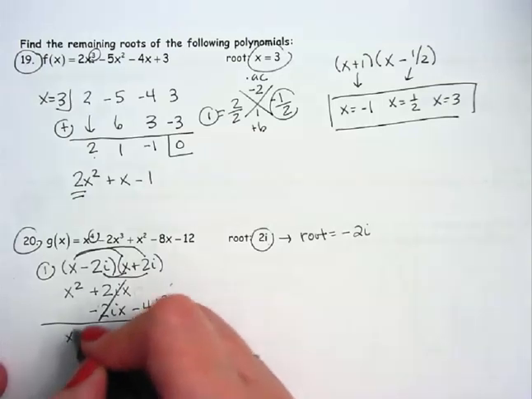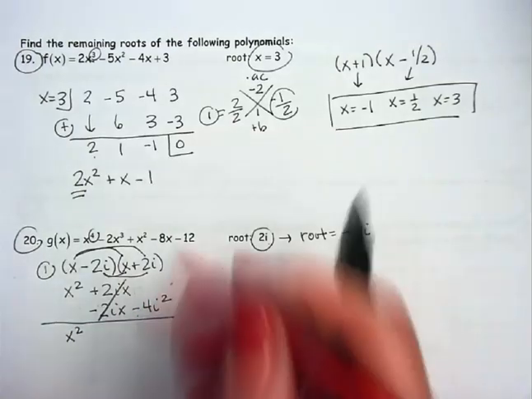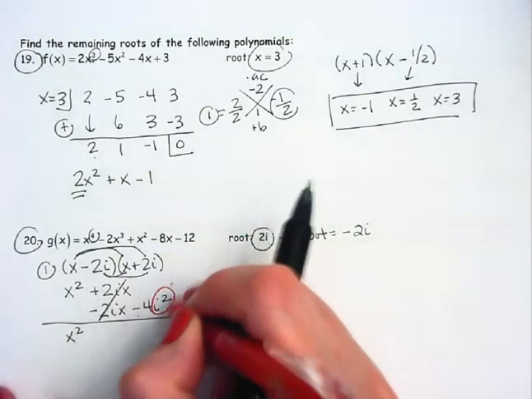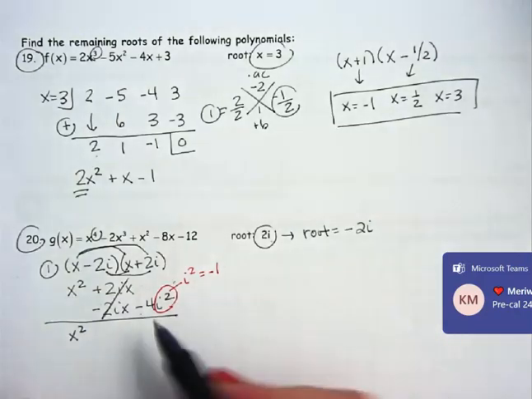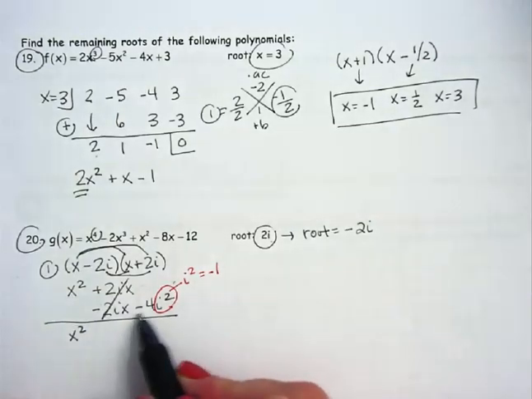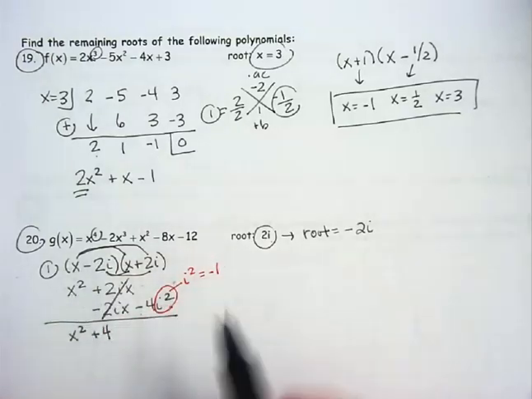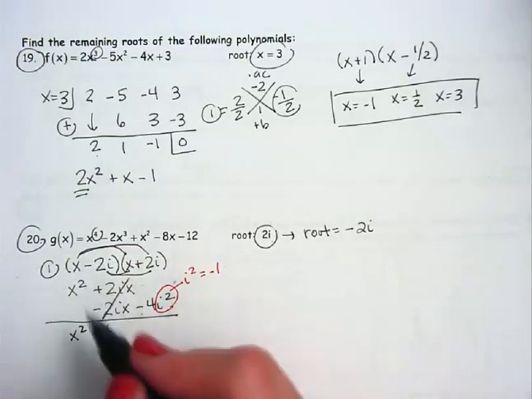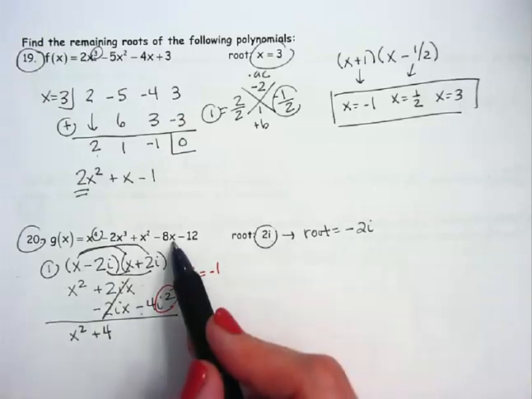The x squared comes down. And -4i squared, remember we talked about that i squared is equal to -1. So I really have -4 times -1, which is +4. So this is a factor of my polynomial.